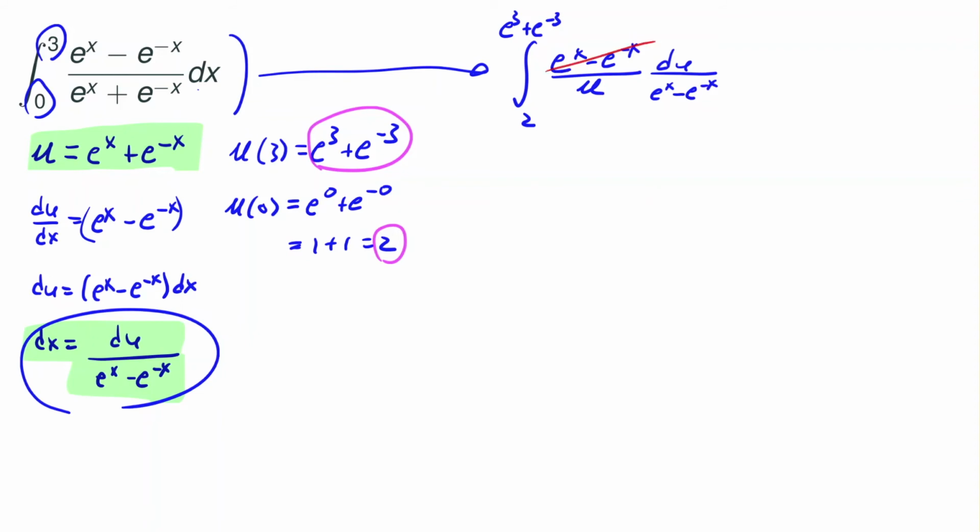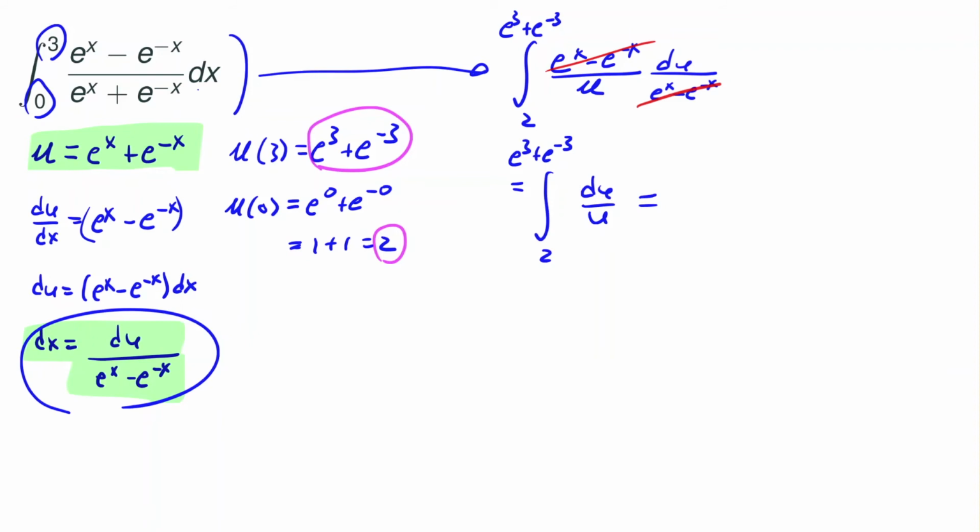You see that this cancels out. So what we have left is the integral from 2 to e to the 3 plus e to the negative 3 of du over u, which is the same thing as 1 over u du.